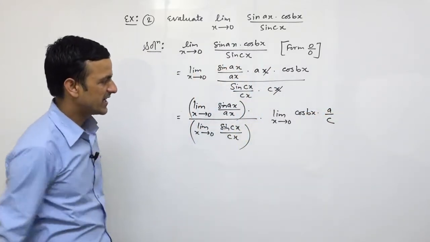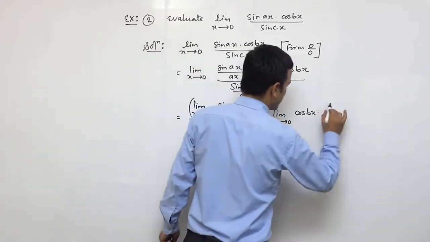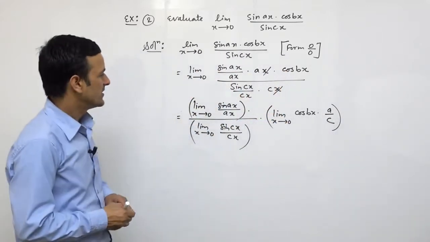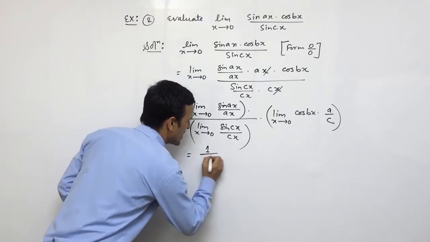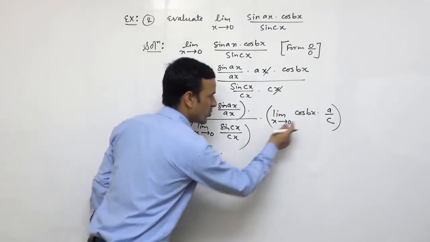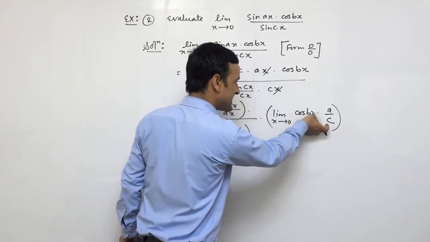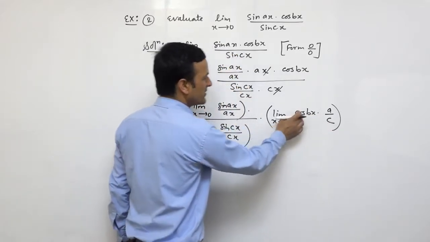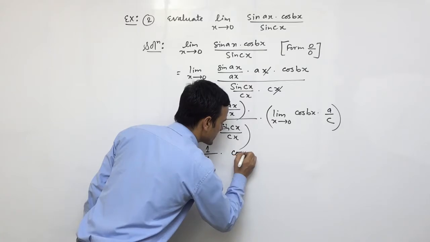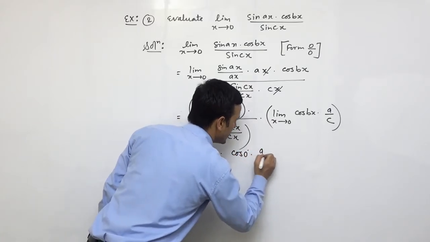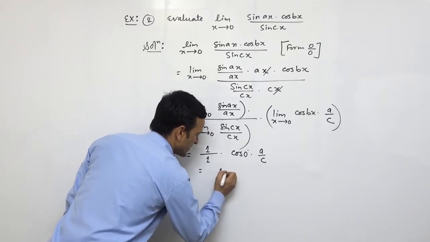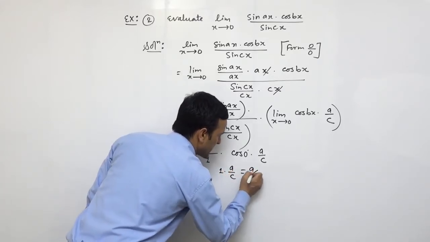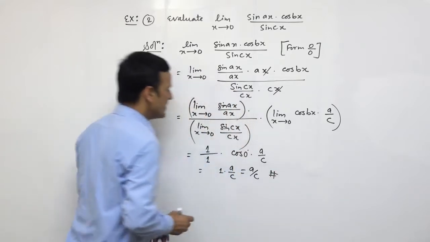We write the remaining term on the other side; we can apply the limit to the remaining term too, separating the limits this way. So this is 1, this is also 1, and when x is replaced by 0, it will be cos 0 into a by c. Cos 0 means 1, so the answer is a by c.